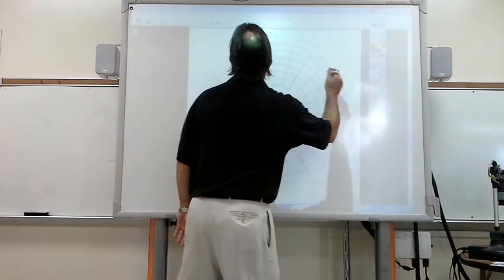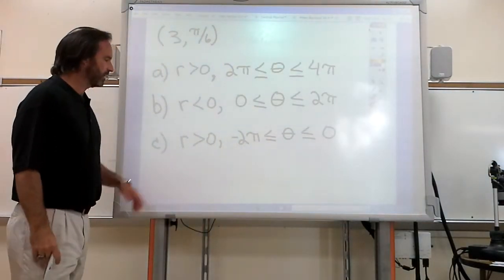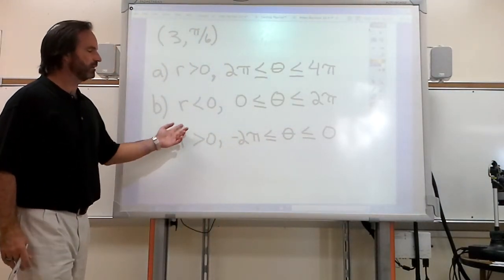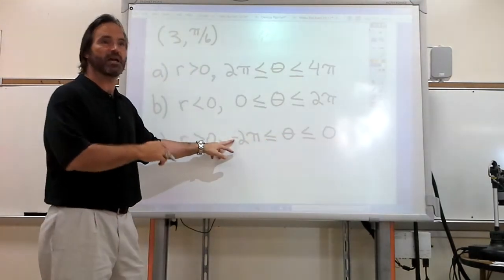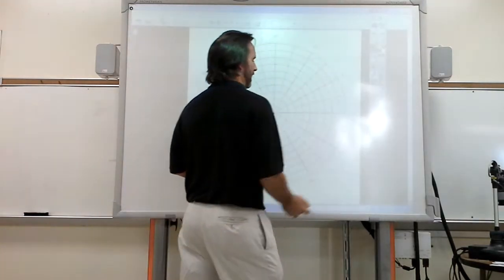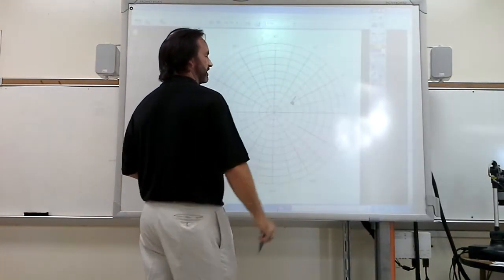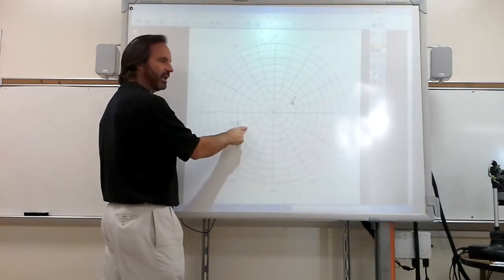And finally, I want r positive, but I want theta negative, less than 0 but not less than negative 2 pi. So between 0 and negative 2 pi. But r has to be positive. So I can't go half a rotation. I've got to go all the way around.